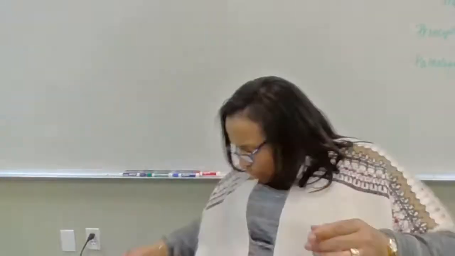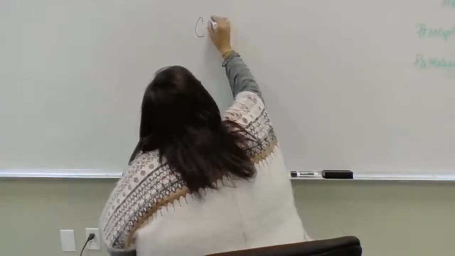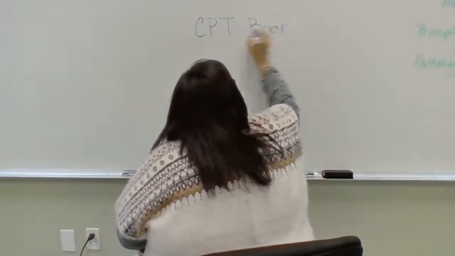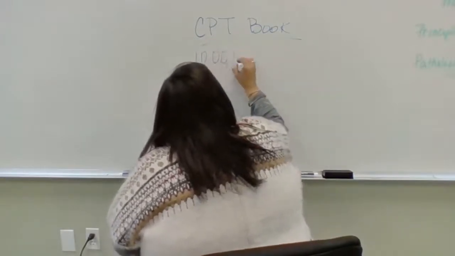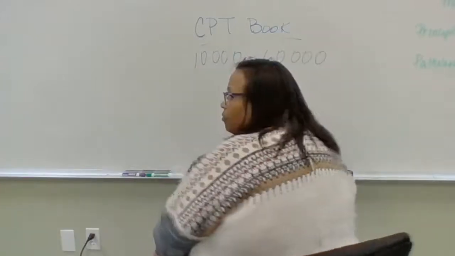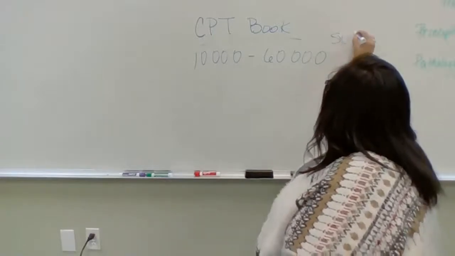Okay, surgery codes range from, let me tell you in your CPT book, surgery codes go from 10,000 to 60,000. Okay? These are all your surgery codes.